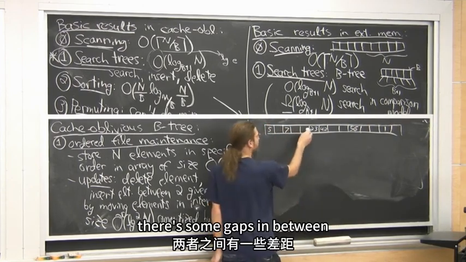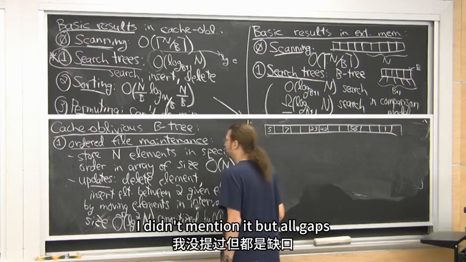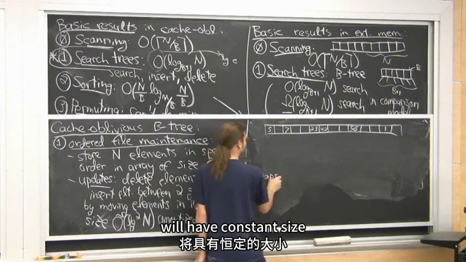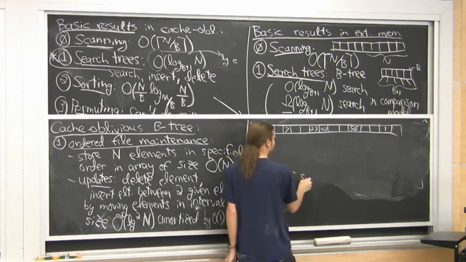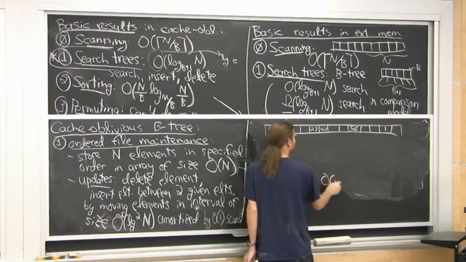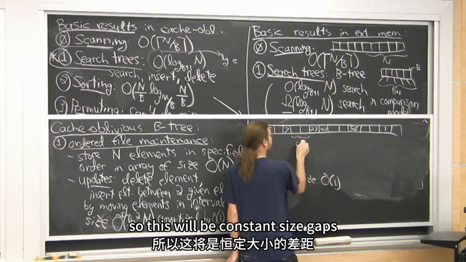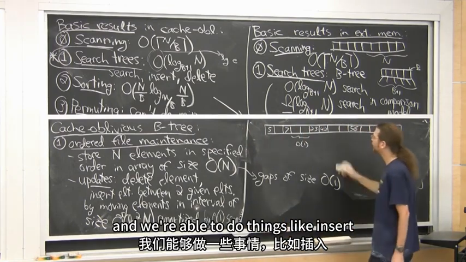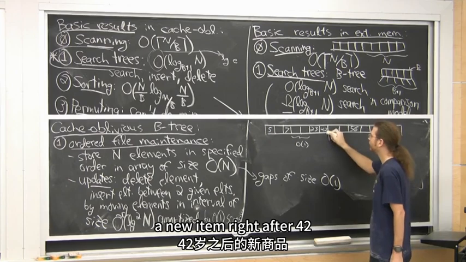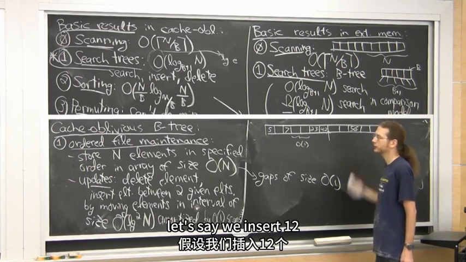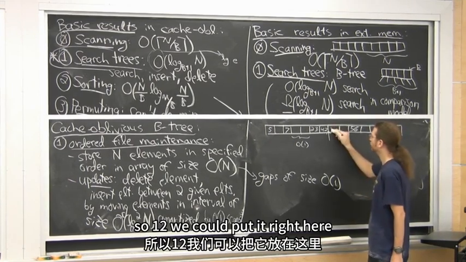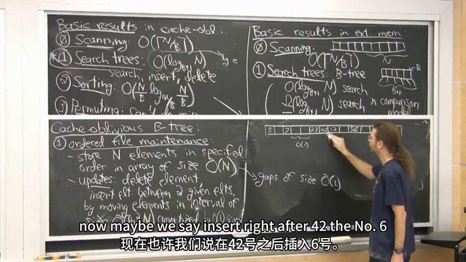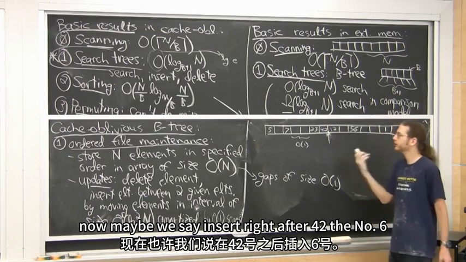There's some gaps in between. I didn't mention it, but all gaps will have constant size. So this will be constant size gaps. And we're able to do things like insert a new item right after 42. Let's say we insert 12. So 12, we could put it right here. No problem. Now maybe we say insert right after 42 the number 6.